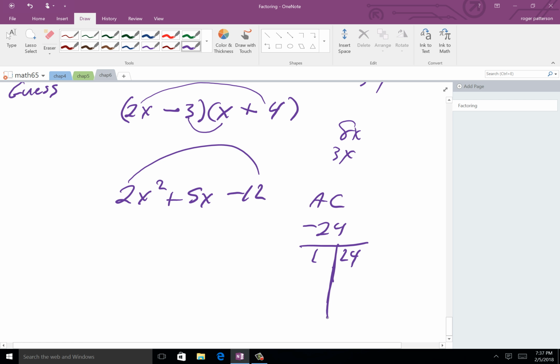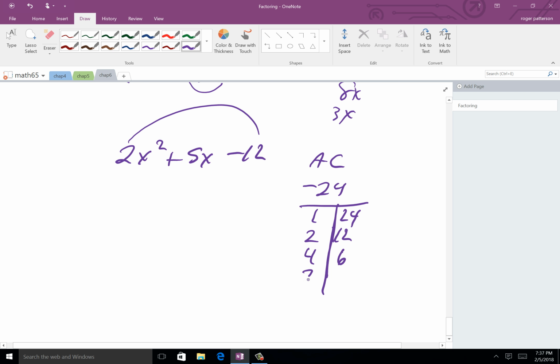Give me some more. 2 and 12. 4 and 6, double and half. 3 and 8. I think that's it, right? Got them all? Okay, which ones work? 3 and 8.